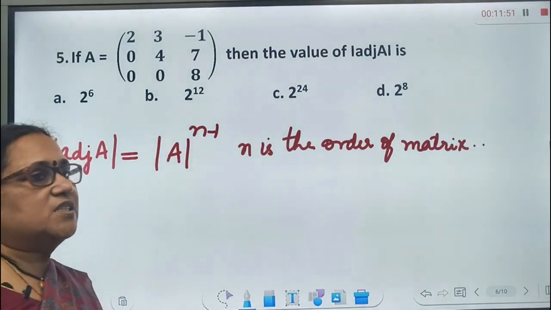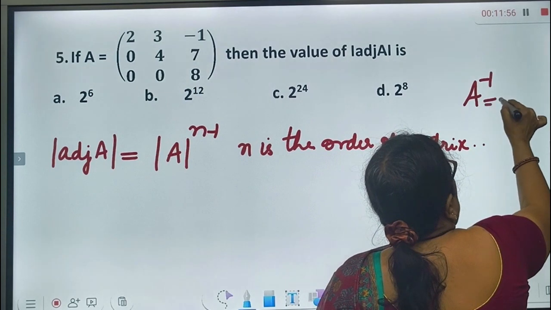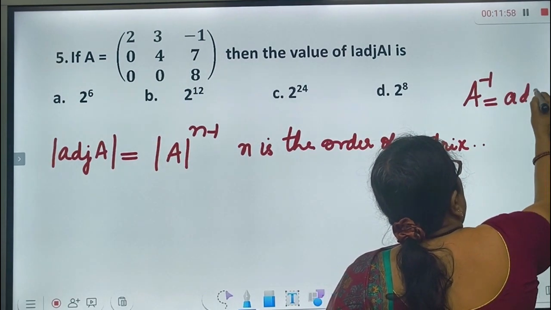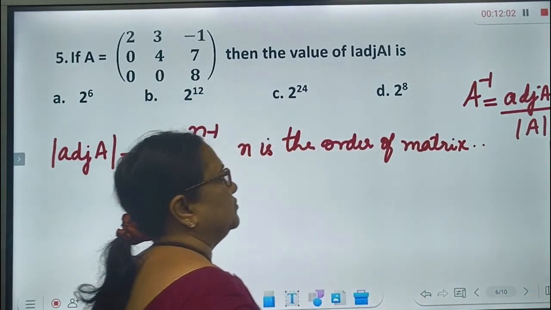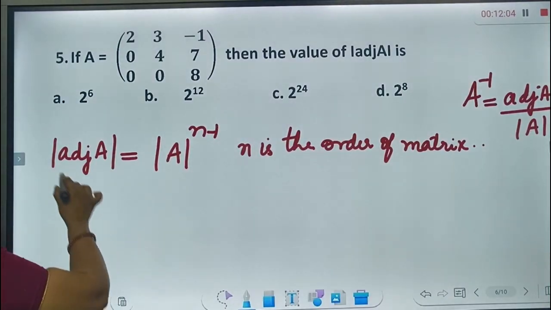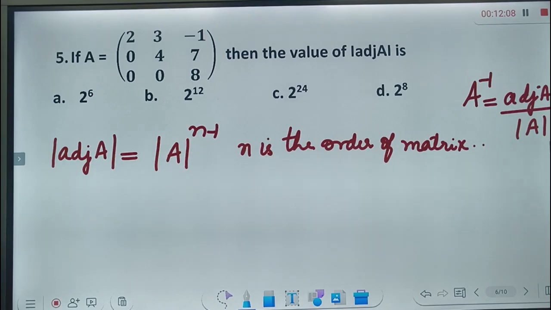So adjoint of A is the concept that you use in A inverse. Recall, A inverse of a matrix is adjoint of A by determinant of A. Now determinant of adjoint of A is determinant of A to the power n minus 1.